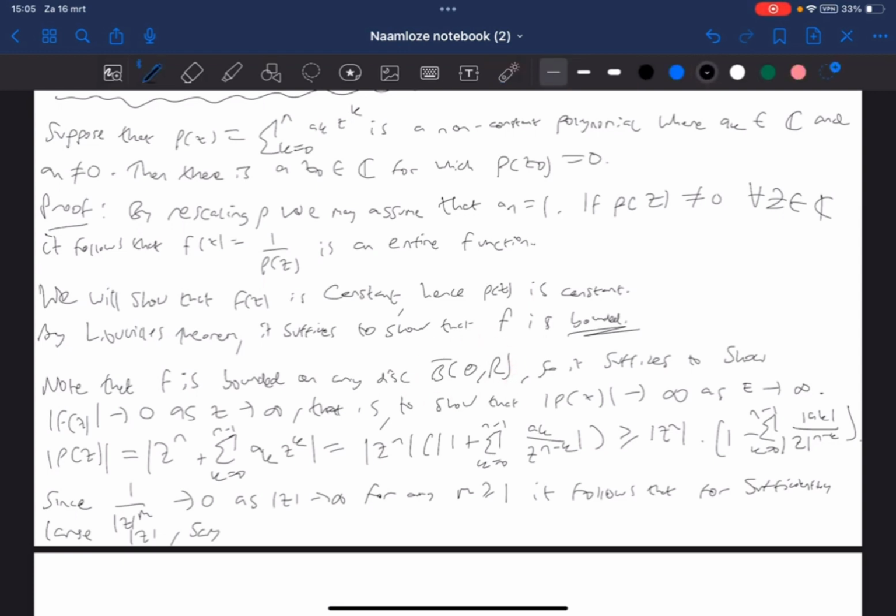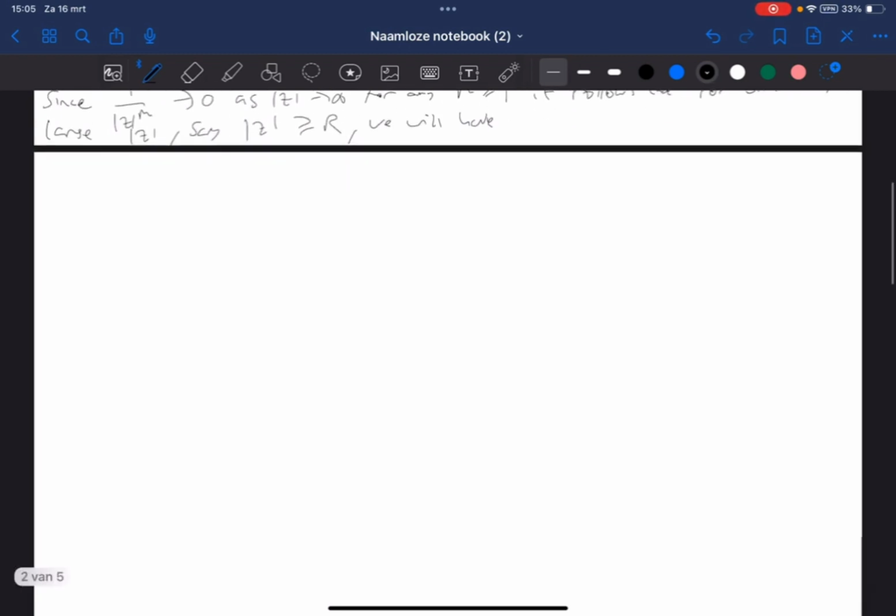I want to use that and say, well, this modulus has to be greater than or equal to some r. Let's move on to the next page here.